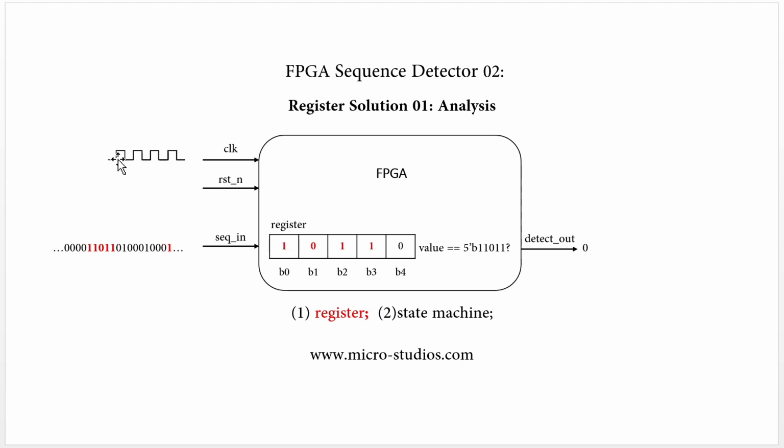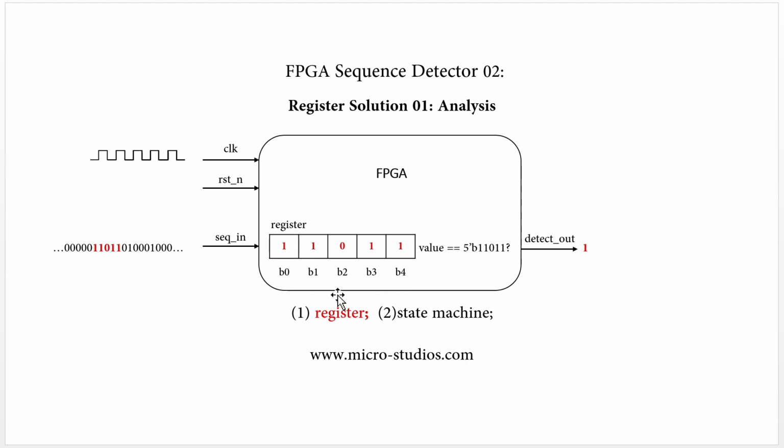This takes 4 clocks: 1, 2, 3, 4. Okay, the last one. When our detector target has shifted into the register, we compare the register value with this number, and they are equal.